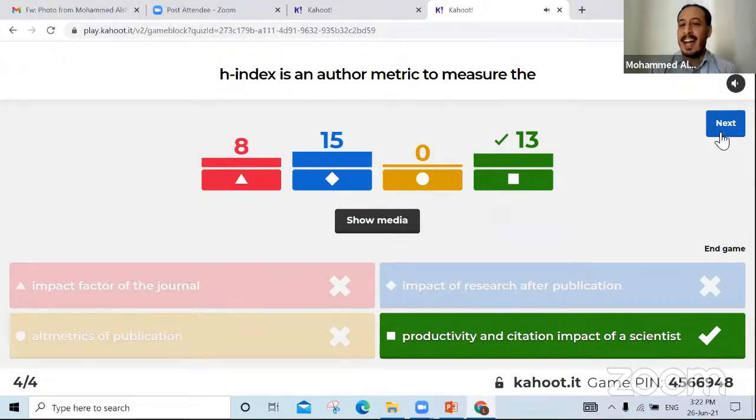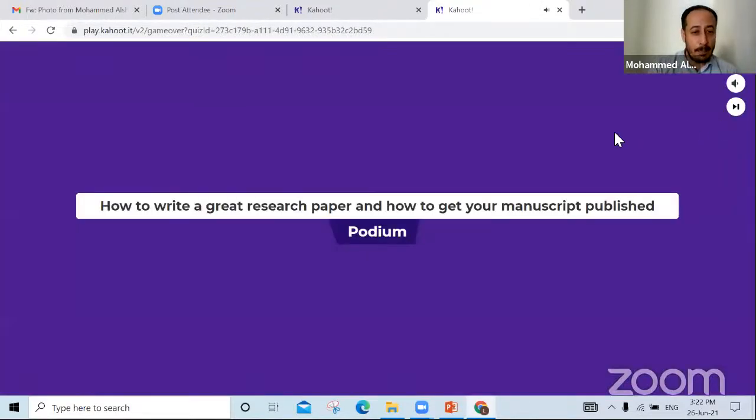About 13 got it right. So actually, H index is a metric to see the citation impact of a scientist or researcher, the productivity of the researcher. It's not the impact factor of the journal. It's not altmetric. So I'll explain all those things during my seminar.